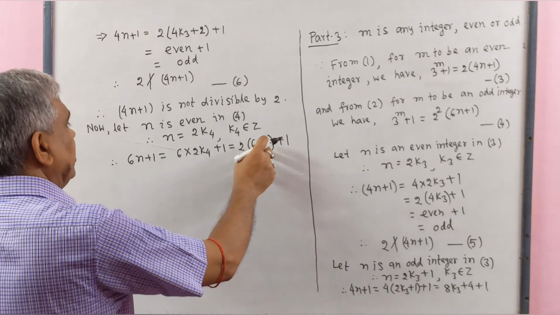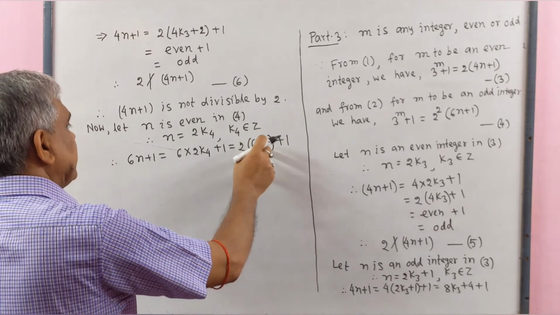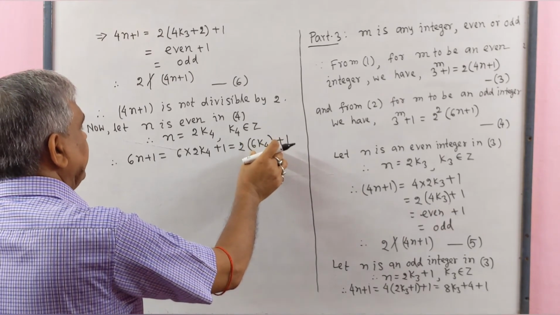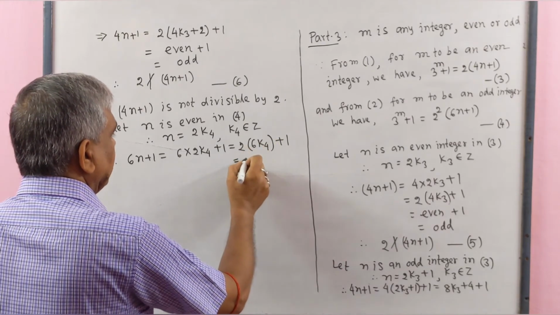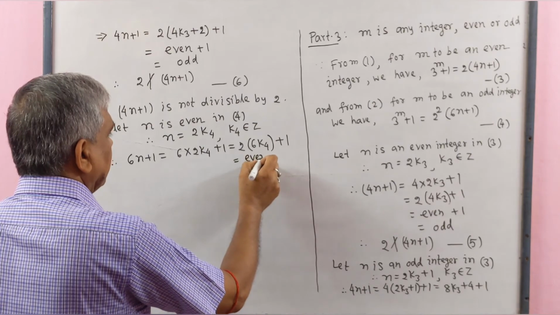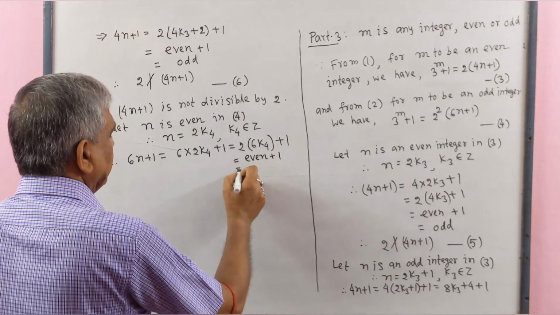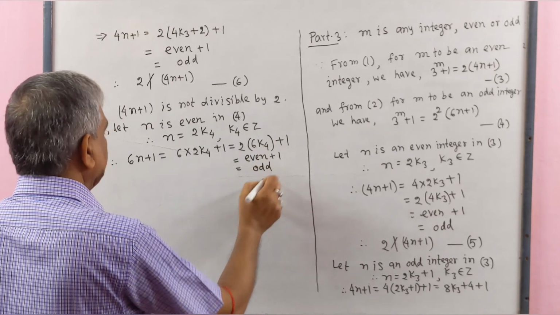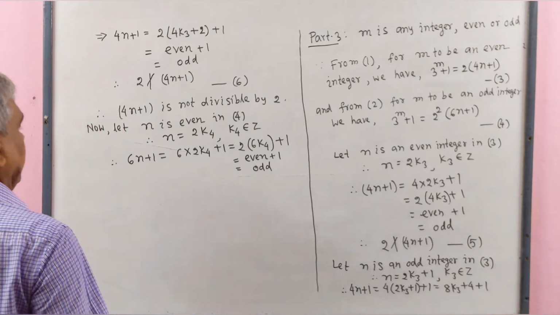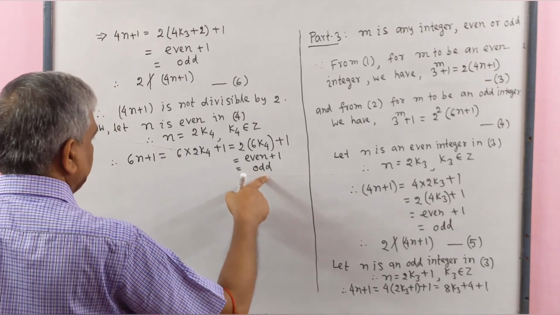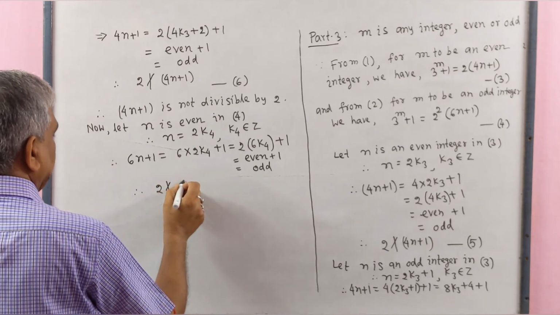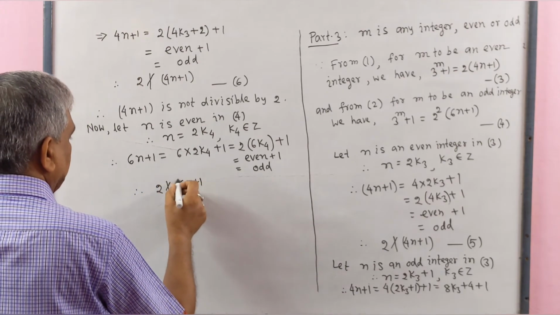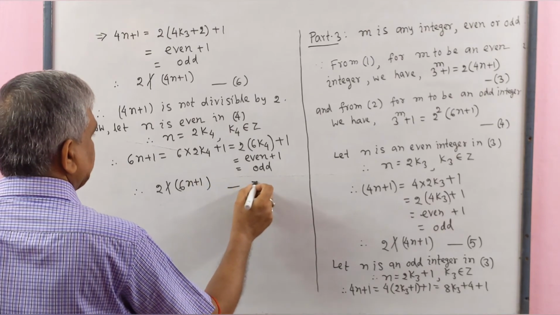Since k4 is an integer, 6k4 is also an integer. 2 multiplied by an integer is an even integer, plus 1. This is an odd integer, and an odd integer is not divisible by 2. Therefore, 2 does not divide 6n plus 1. This is number 7.